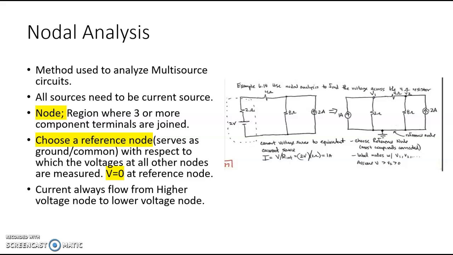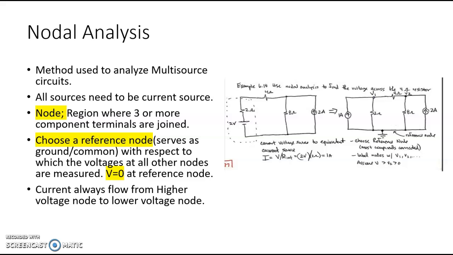The way you choose it is to see the whole circuit as a whole and understand which node has the most connections, and that's the node you want to make your reference. Why? Because the voltage at that node is going to be 0. So if most of the things are connected to that point, you already know that that is your 0. So it makes it easier, okay?